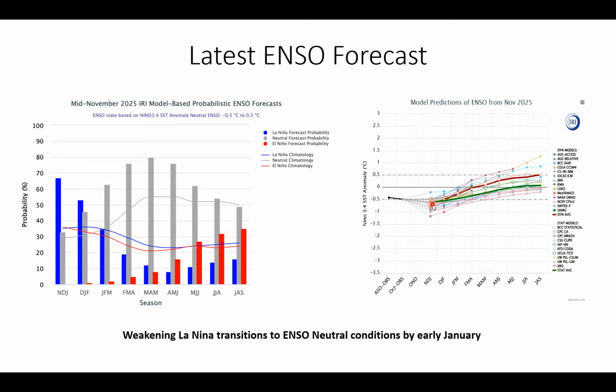It's very weak. And look at the solid green line and the solid maroon line, the dynamical and statistical averages, showing a positive slope, with the water temperatures going into ENSO neutral territory specifically right around the January time period.